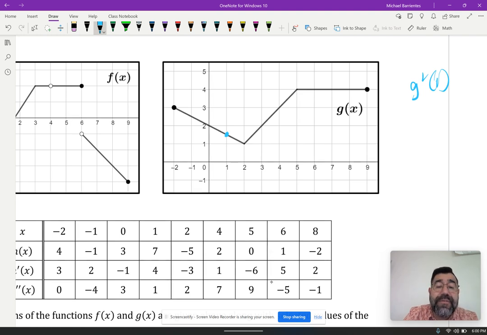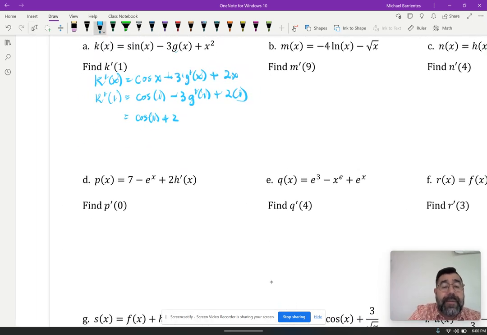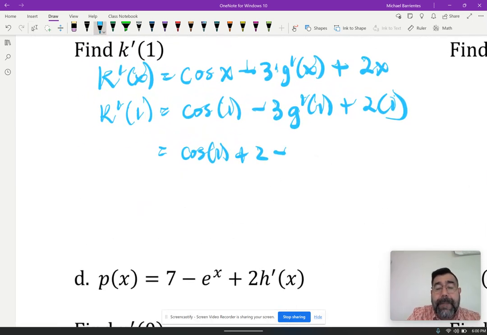So the derivative at that blue point, not the y value, but the derivative, the slope is negative 1/2. So I come back over here, and I say this is going to be minus 3 times negative 1/2. And then the final answer, I guess, is cosine of 1.